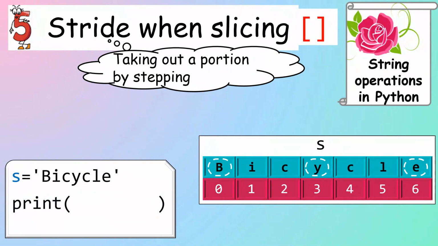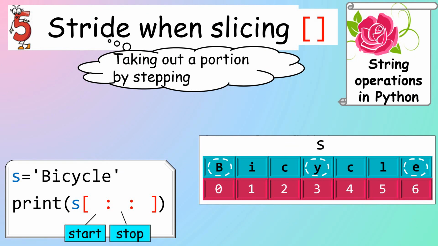So we will write the print statement now. Take the print statement. Within the print, take the string object S and then take the slicing operator, square brackets. Now when you want to do stride when slicing, there should be 3 parameters inside the slicing operator. So I have to place 2 colons. The first parameter will be the start index value.